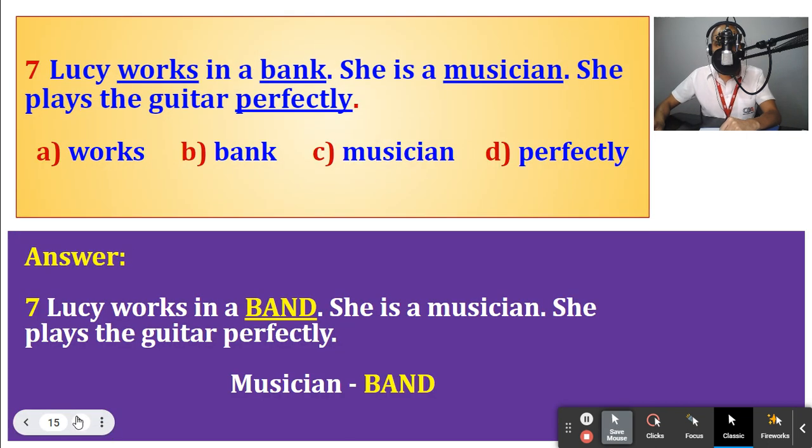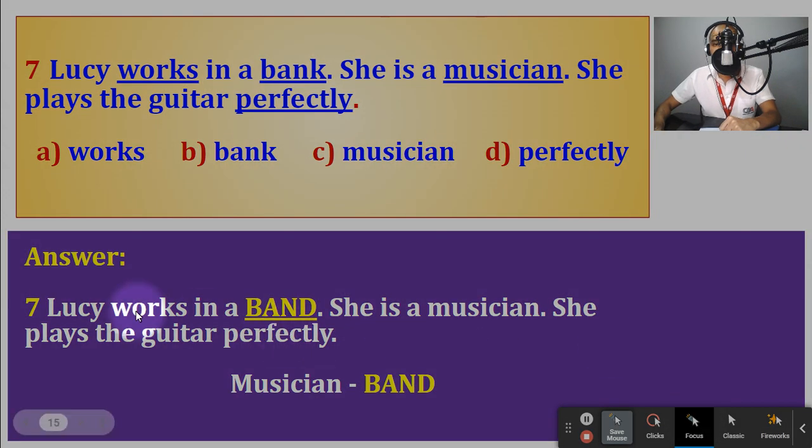Okay, let's see what the mistake is. In number 7 it says, Lucy works in a bank. She is a musician. She plays the guitar perfectly. In this case, the mistake is letter B. Why? Here it says Lucy works in a bank. In this case, she is a musician. She plays the guitar perfectly.